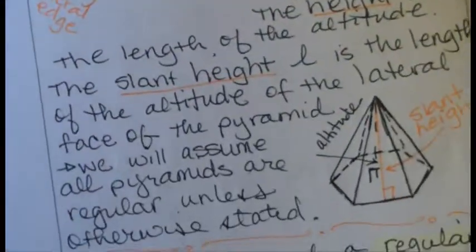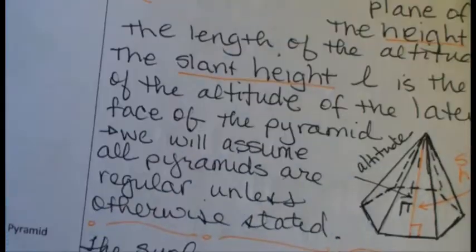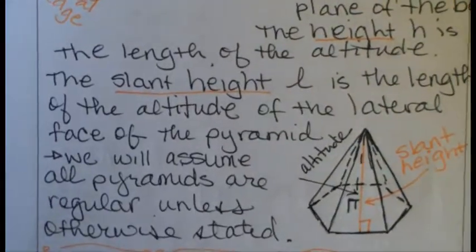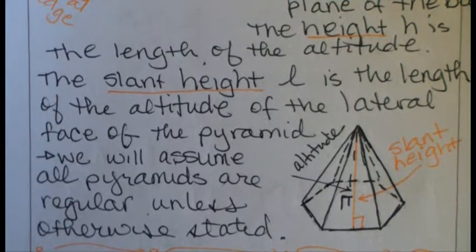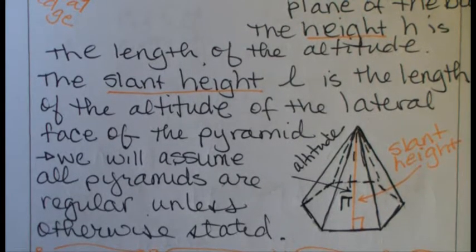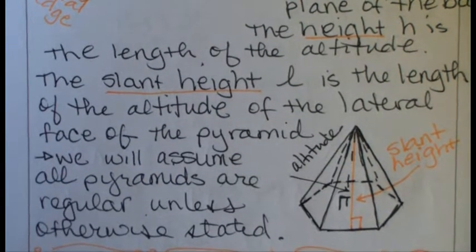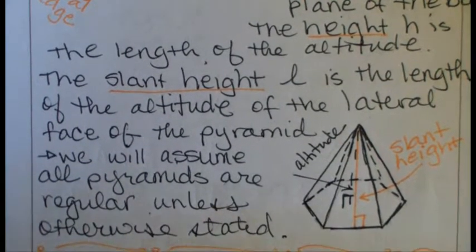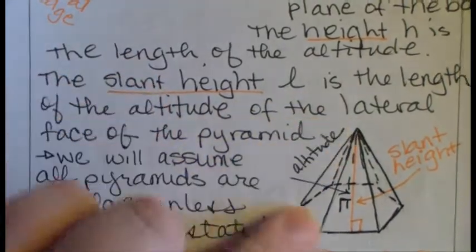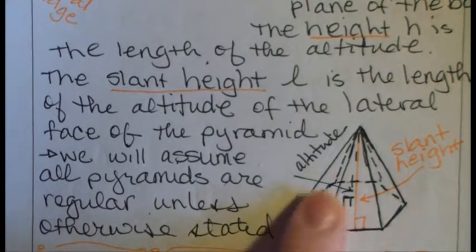Now, one thing that we talk about for pyramids is what's called the slant height. Slant height, we use a cursive L for slant height, and it's the length of the altitude of the lateral face of a pyramid. So here I've got myself a hexagonal pyramid.